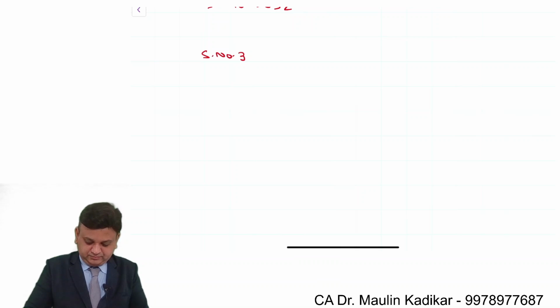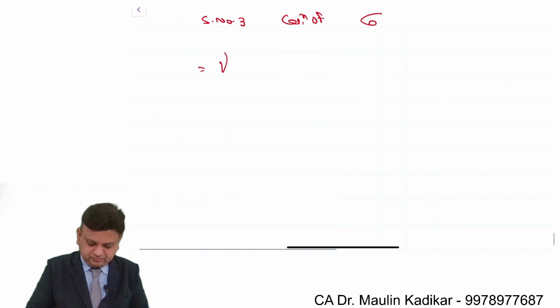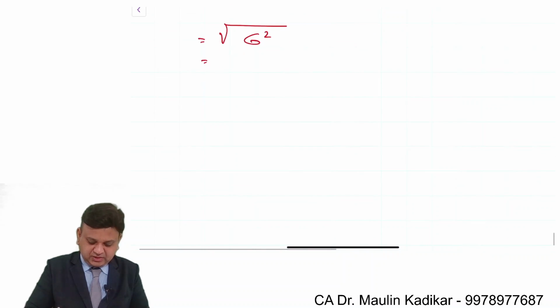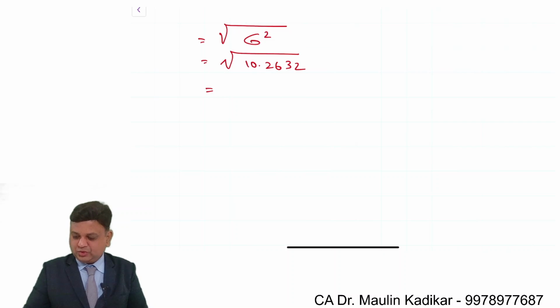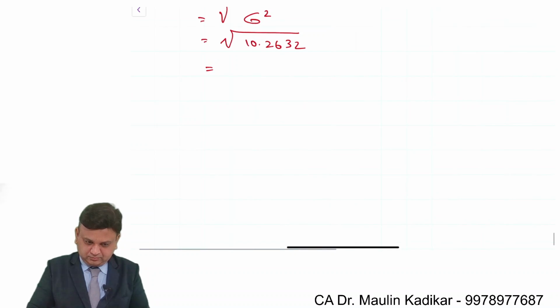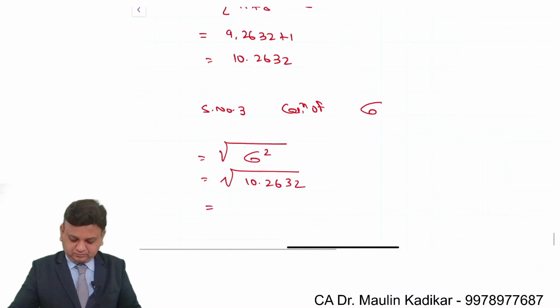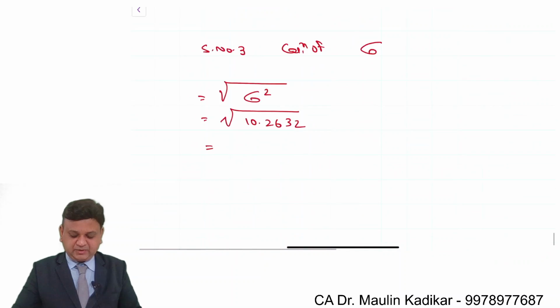That is the way the mu is calculated. Step number 3, calculation of variance.